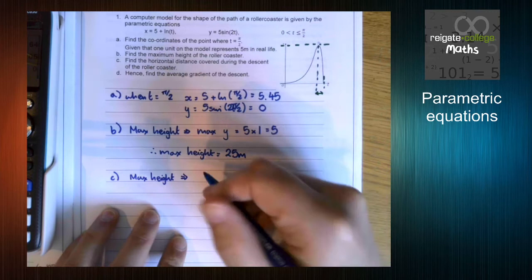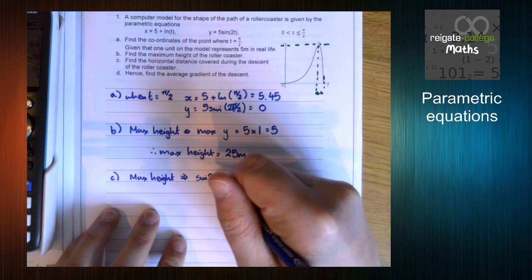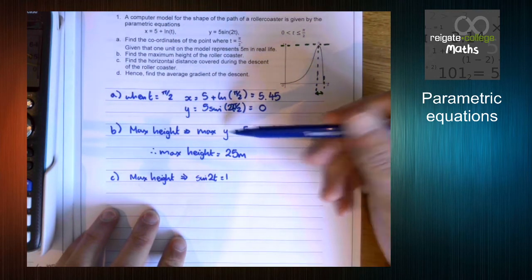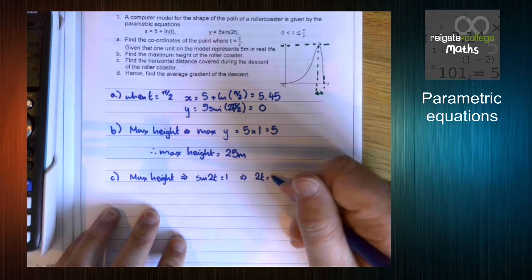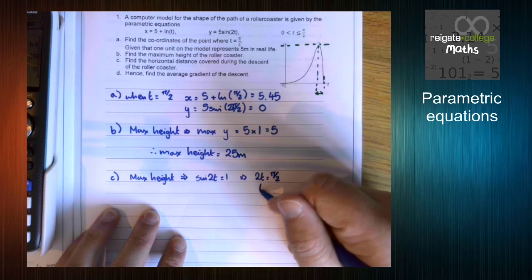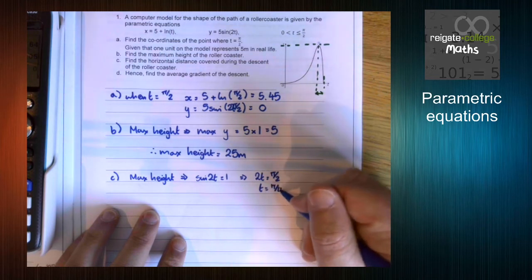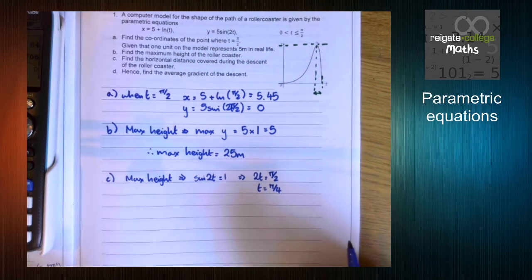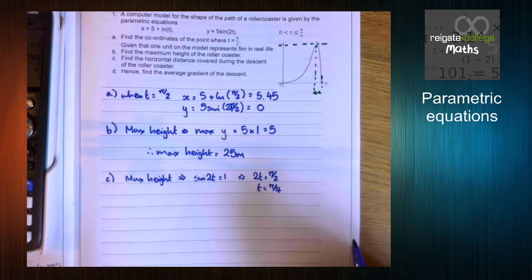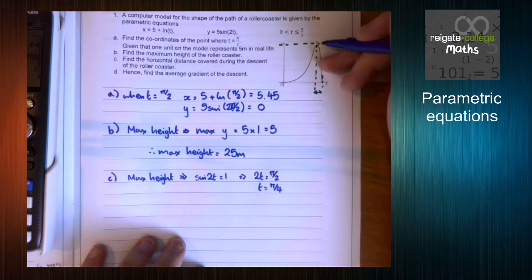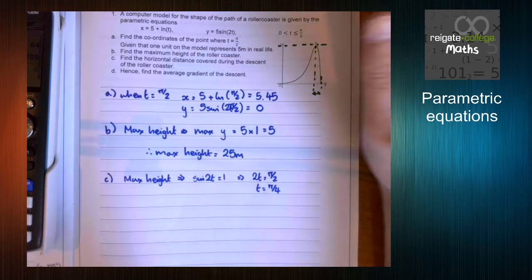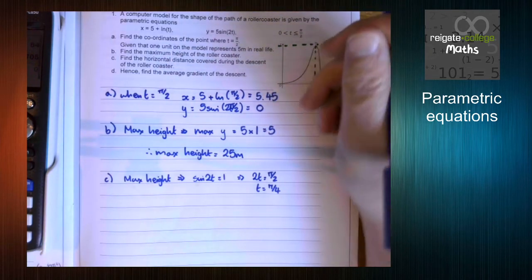We know that that's when sine 2t is 1, because y is 5. Which tells us that 2t is pi over 2, so t is pi over 4. Now in this case, quite likely t represents time. So after pi over 4 seconds, that's when we're at the top. Possibly, we don't know, but it could be that kind of thing.